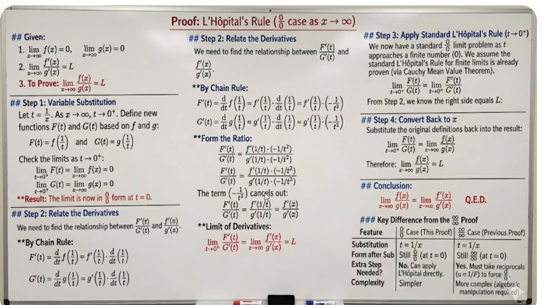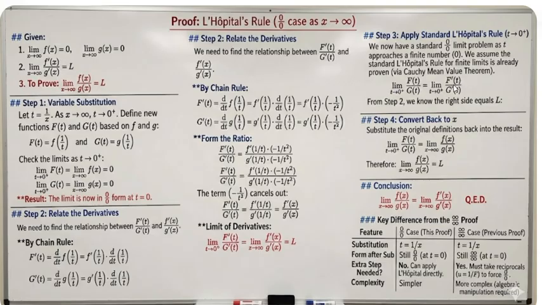And if you take the ratio, what we finally get is f dash of t divided by g dash of t is equal to f dash of 1 upon t divided by g dash of 1 upon t. Then, taking the limit, we can conclude that the limit of f dash of t divided by g dash of t as t tends to 0 is equal to the limit of f dash of x divided by g dash of x as x tends to infinity, which is equal to L. Now we can conclude that by L'Hopital rule in 0 by 0 form, the limit of f of t divided by g of t as t tends to 0 is equal to this one.